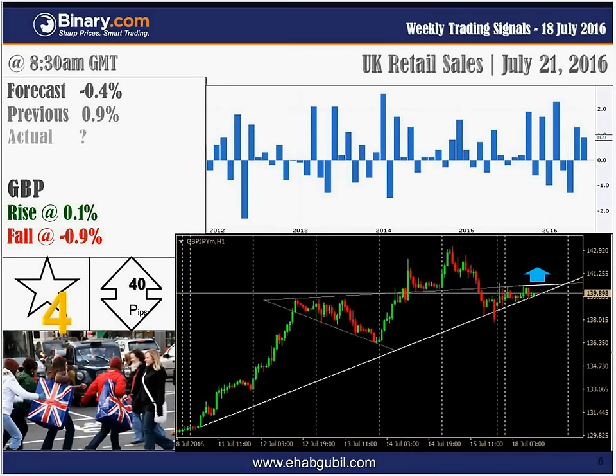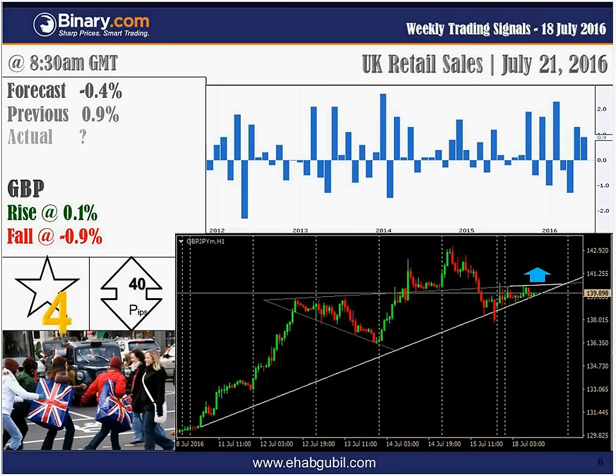UK retail sales will be released on July 21st at 8:30 a.m. GMT time. UK retail sales should be very tradable, and considering the economic hit from the EU referendum, the reading should provide plenty of insight into the current UK retail sector.